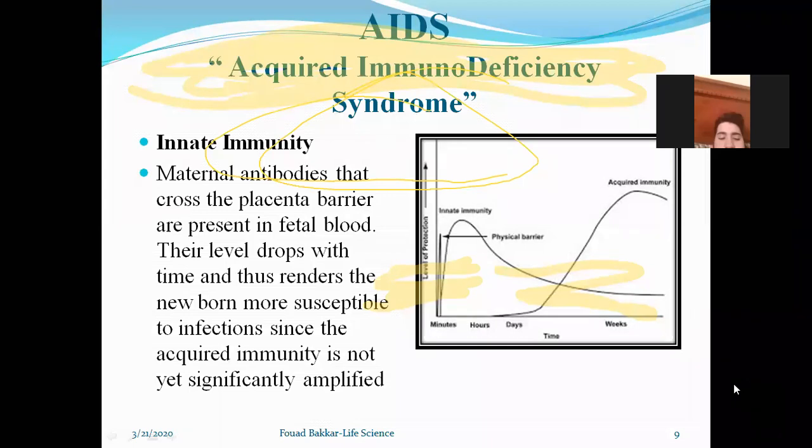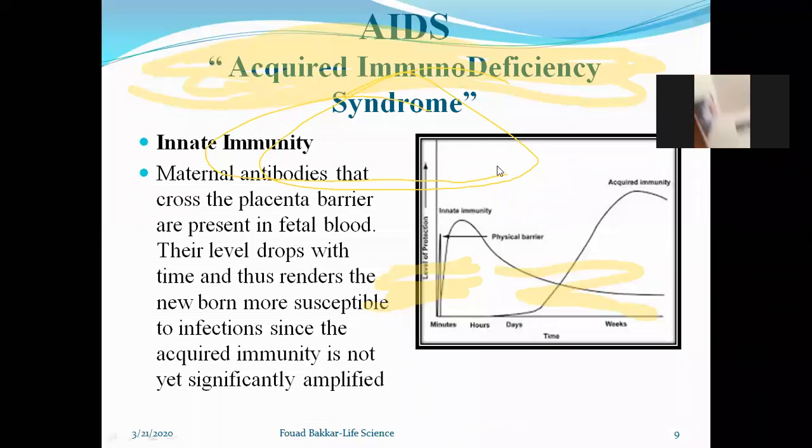And therefore, thanks to mom, we have to say always thanks to your mom, maternal antibodies have been able to cross the barrier and persist in your blood for some period of time that usually doesn't last more than a few weeks, maximum 4 to 5 months.